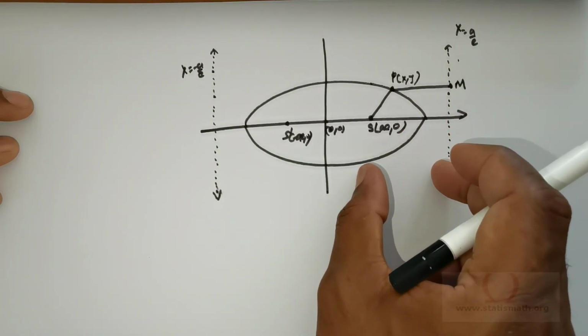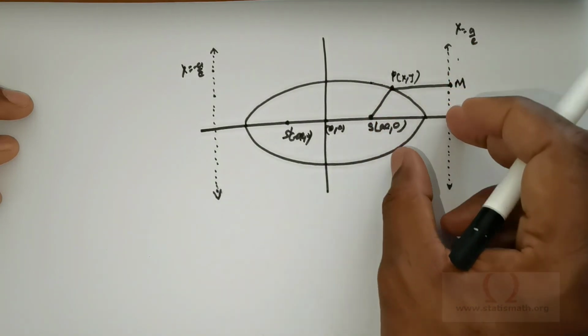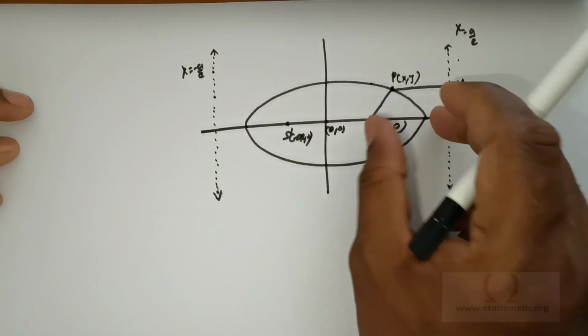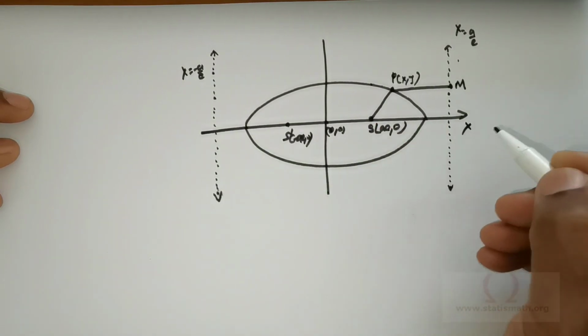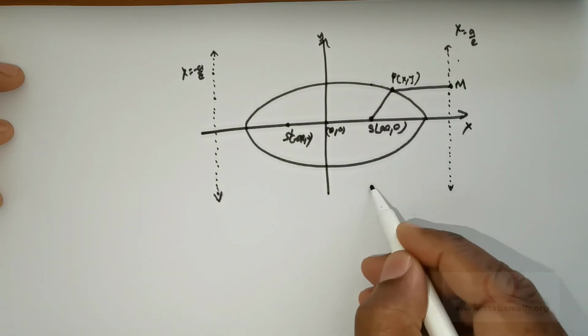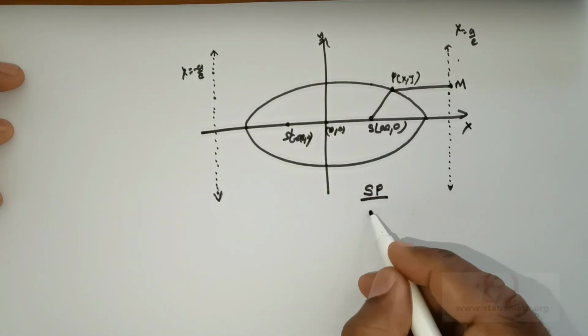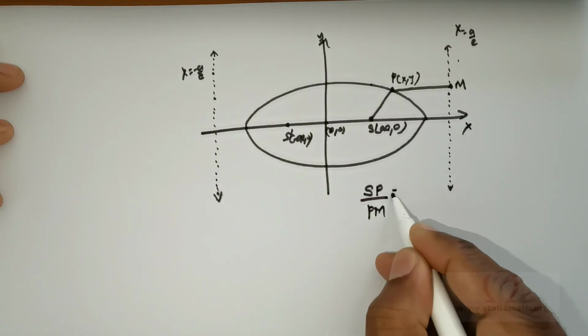So always this line will be parallel to the x-axis. And from the definition of ellipse, SP divided by PM will be equal to e.